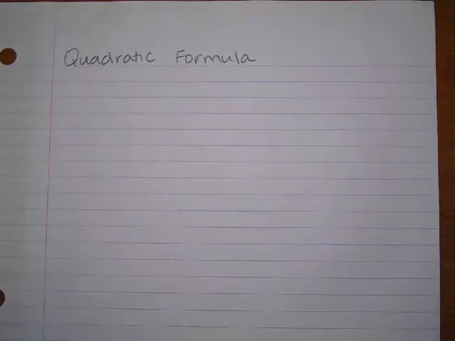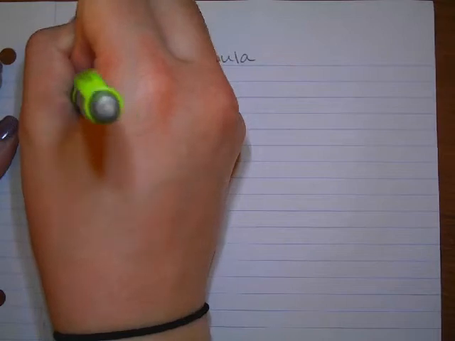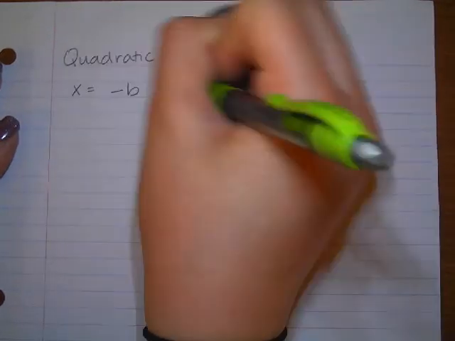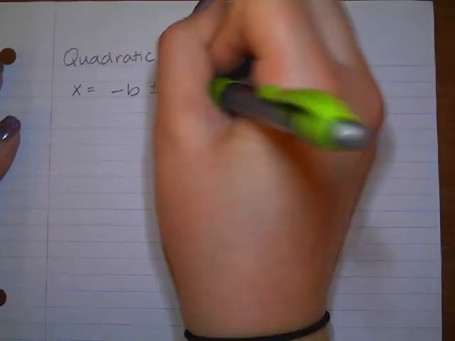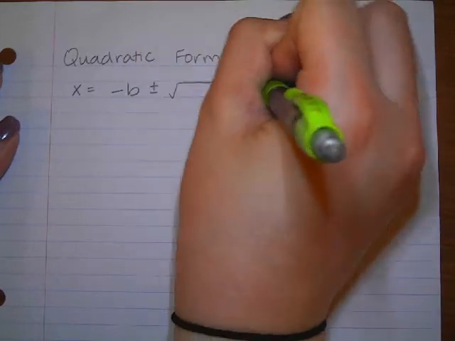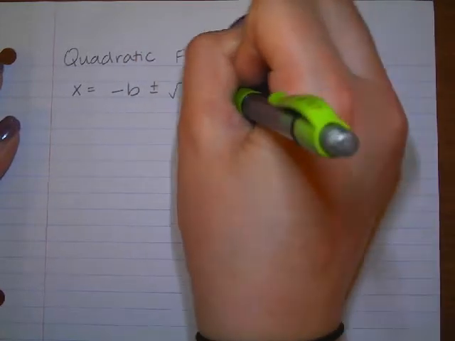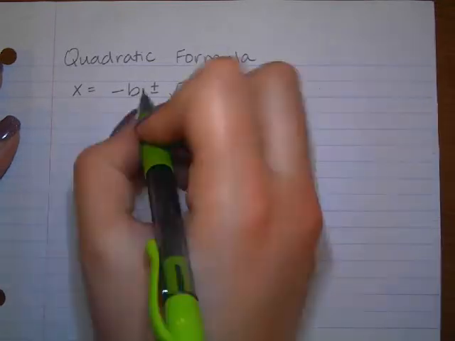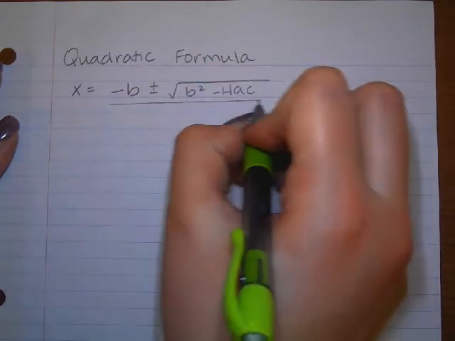So, the quadratic formula, as we sang a second ago, is negative b plus or minus the square root of b squared minus 4ac all divided by 2a.